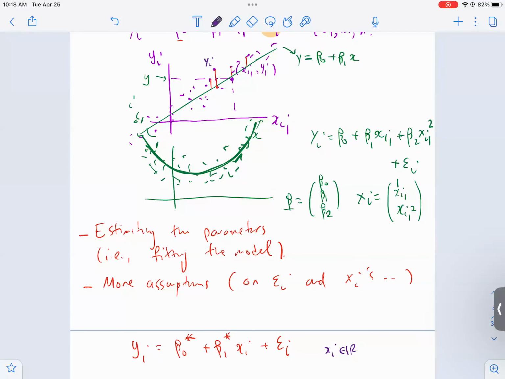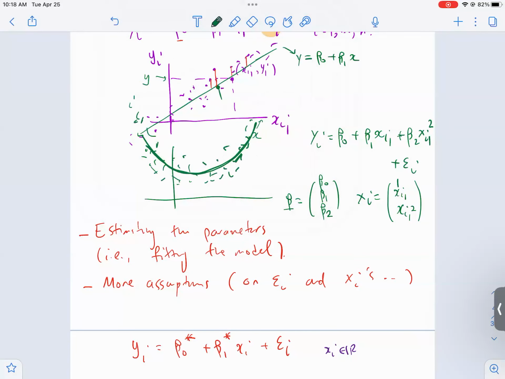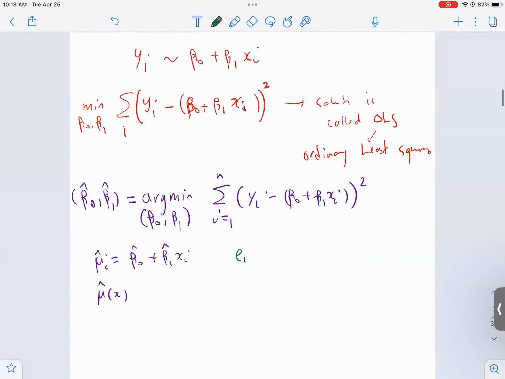So this is yi. After I fit it, this would be mu hat i. Okay, this would be yi, and the difference would be the residual. So this difference, the optimal sort of distance in a sense, is going to be called the residual. So it would be the yi minus the best fit.